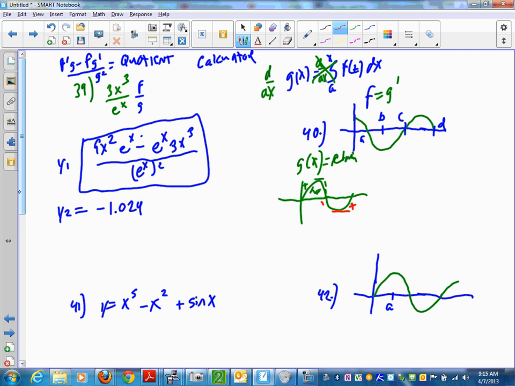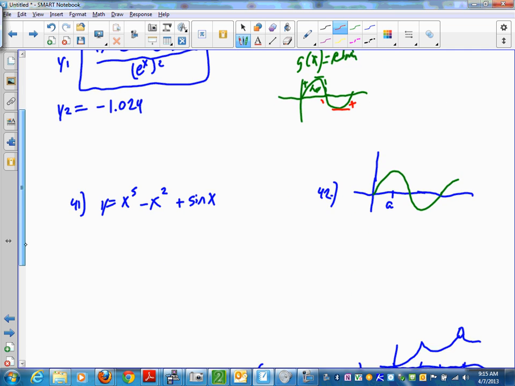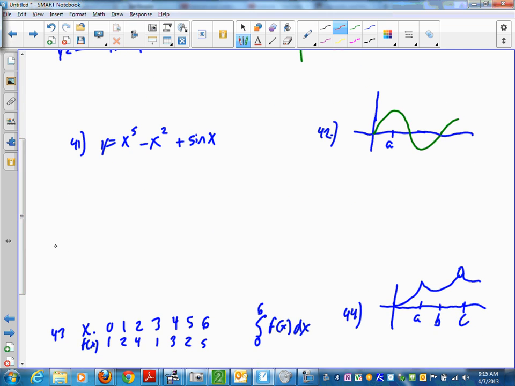All right, let's move on to 41. 41 says if the graph is given of the function, they want to know when it changes concavity. Well, first thing we could do is take the first derivative, because concavity requires that you know the second.